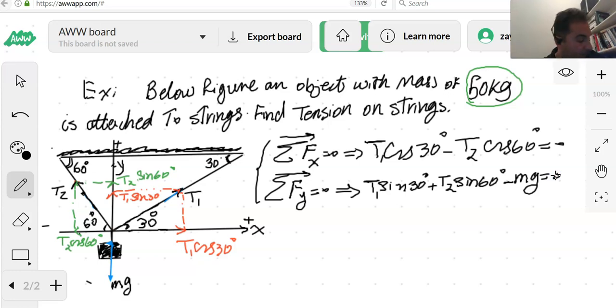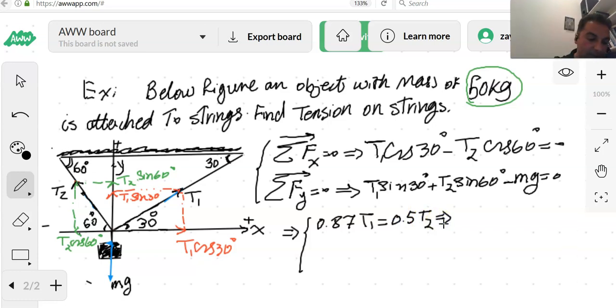Now the rest of the job is we have to do calculations. So cosine 30 should be 0.87. Now I am going to have 0.87 T1 equals, cosine 60 is the same as sine 30, so it will be 0.5 T2, correct?